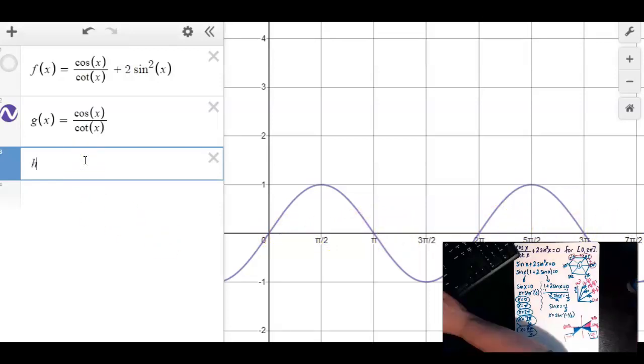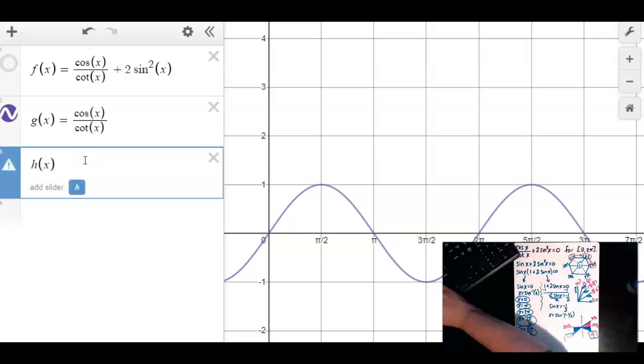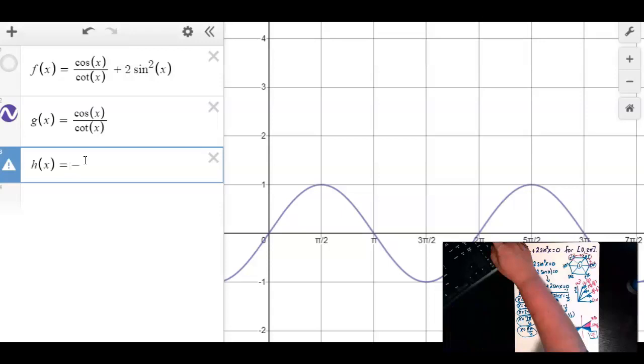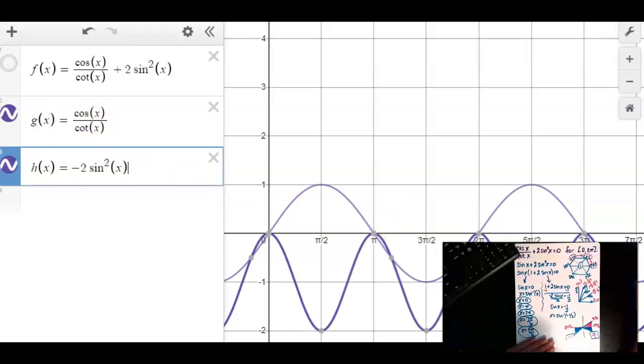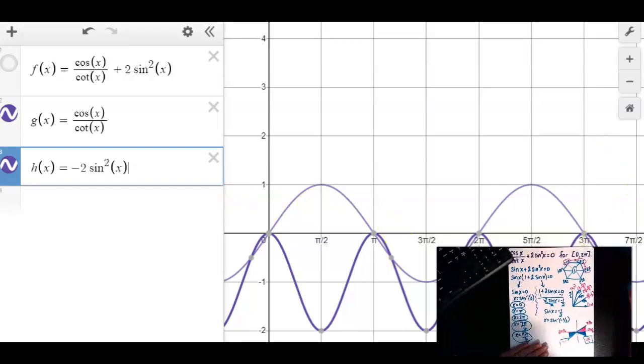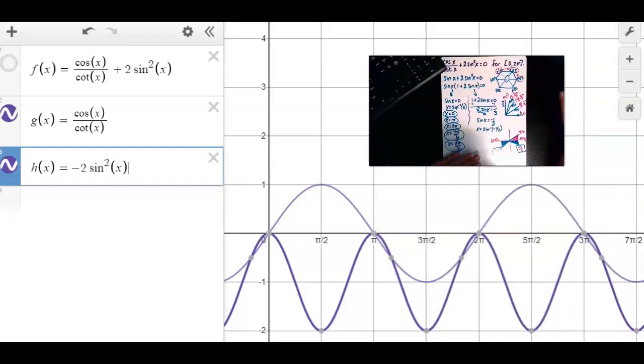And then in the next graph, we'll do the other side of the equation. h of x equals negative 2 sine squared of x. Because where we started, we had cosine of x divided by cotangent of x plus 2 sine squared x equals 0.